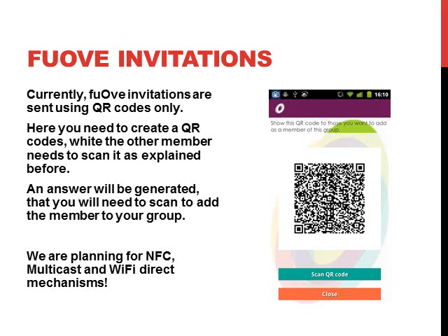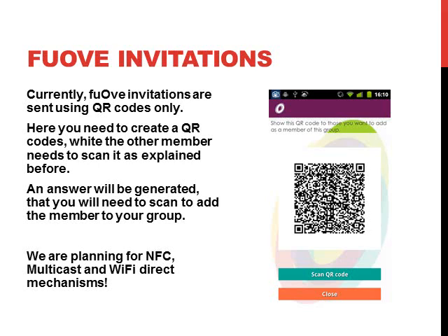Finally, you can use invitations to join existing groups. When you are on the group page and you click on the members button, you will create a scan code like the one on the right side of your screen. Other users must click on the invitation icon on the main page of fuOve to scan this invitation.